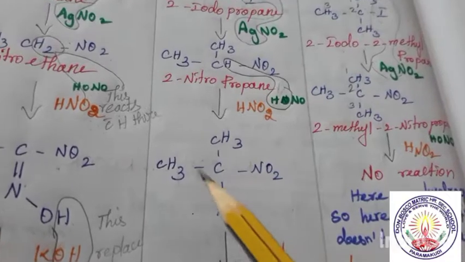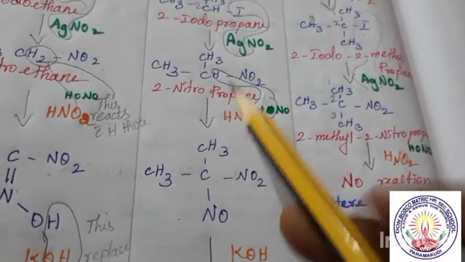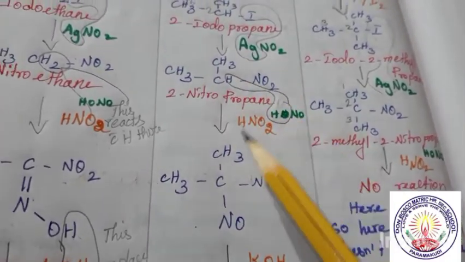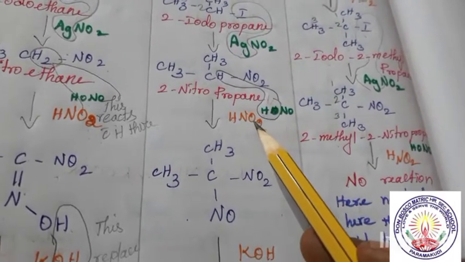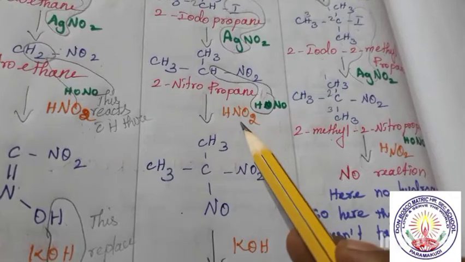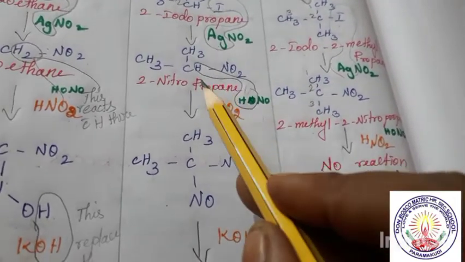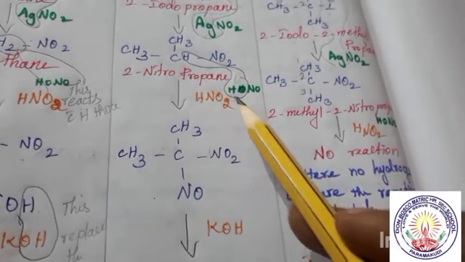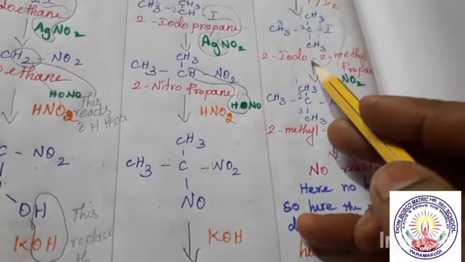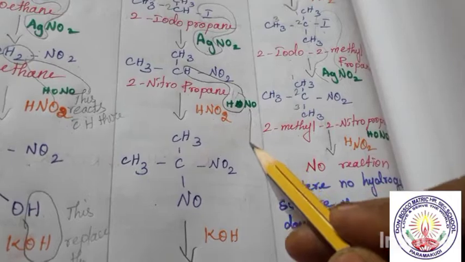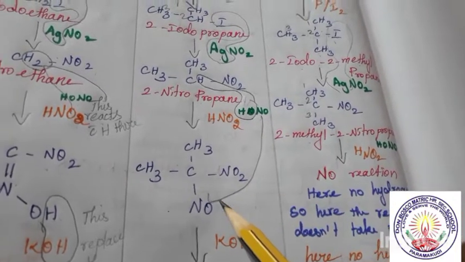The same way here, CH3 and this NO2. There is one O here and one hydrogen here, so the hydrogen and this oxygen together leave as H2O. So the remaining NO comes here.